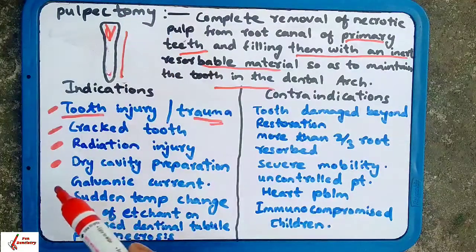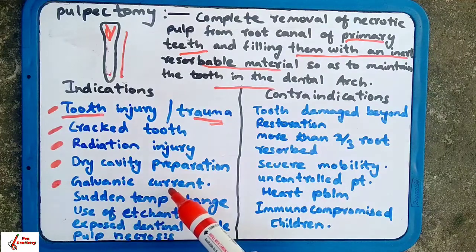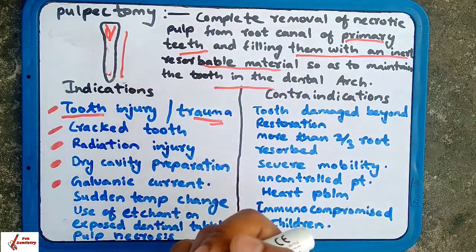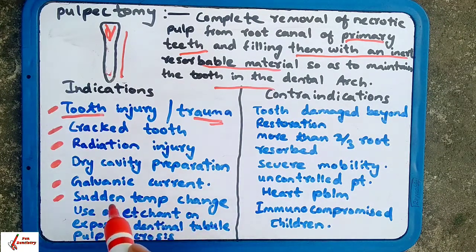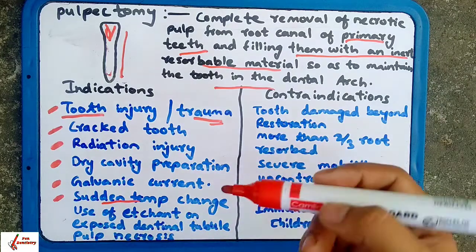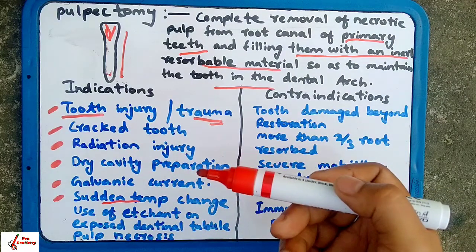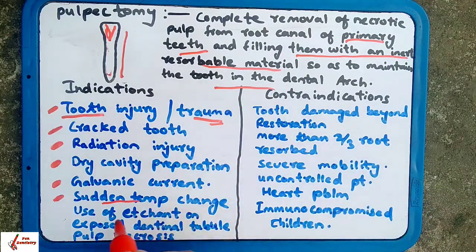If there is a galvanic shock, or a sudden temperature change when the temperature is not maintained well, then you are going to do the pulpectomy.